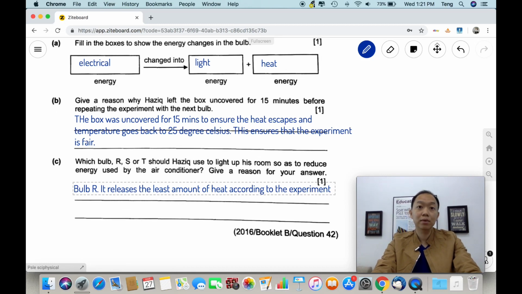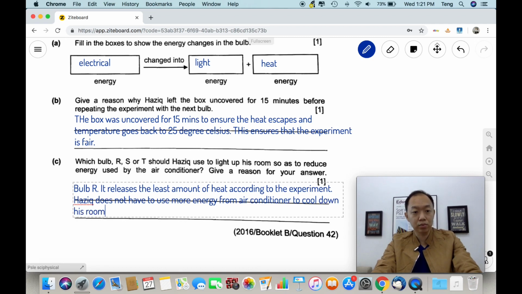Okay, so what's so good about releasing less heat? So Hazik does not have to use more energy from the air conditioner to cool down his room.